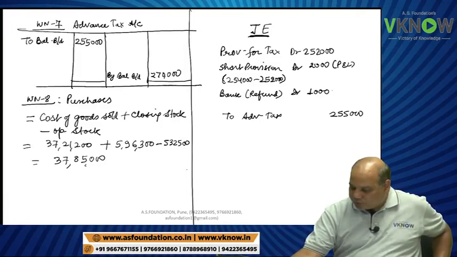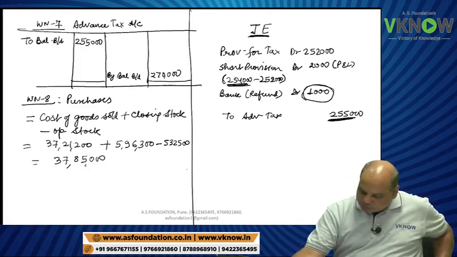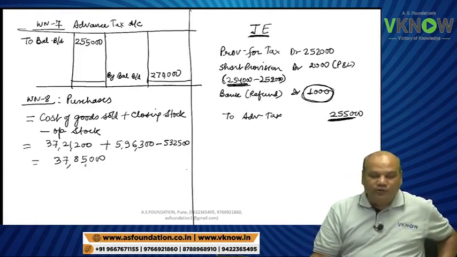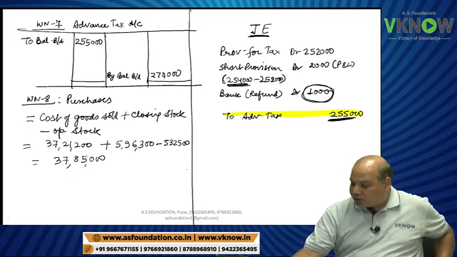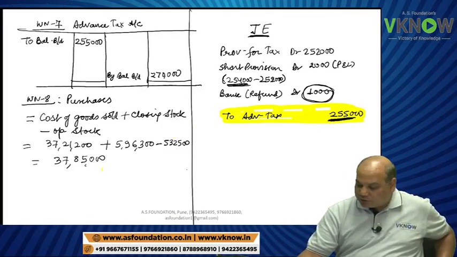So we have to pay 254, we have paid 255, so 1,000 refund was received. Now give the effect in the ledger. Advance tax credit 2,55,000.